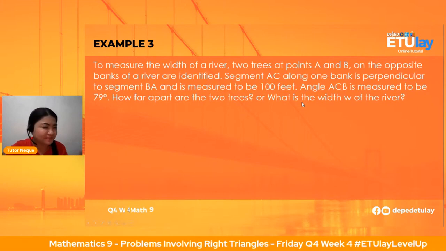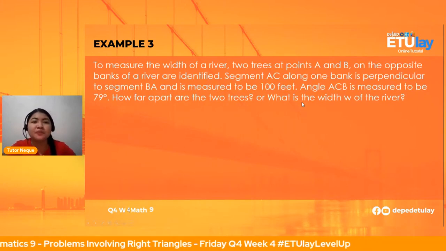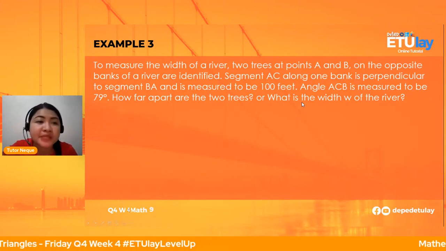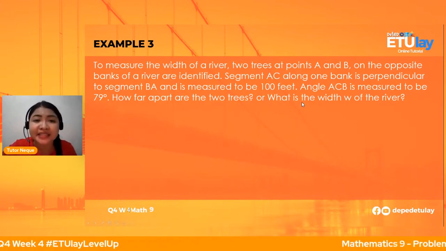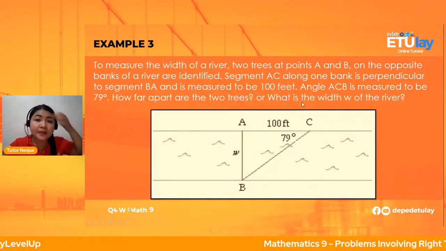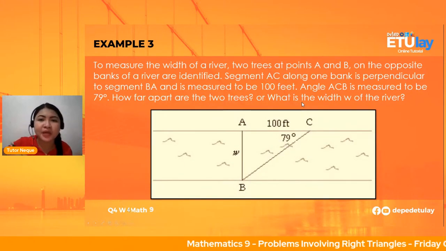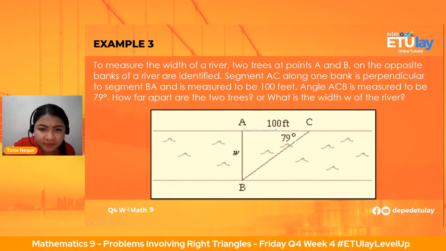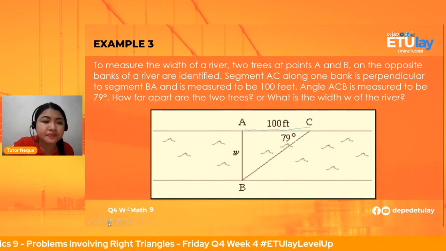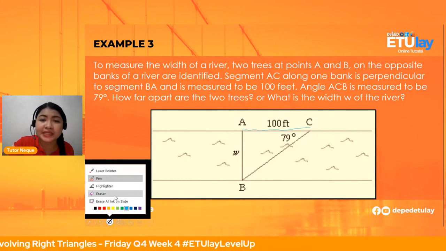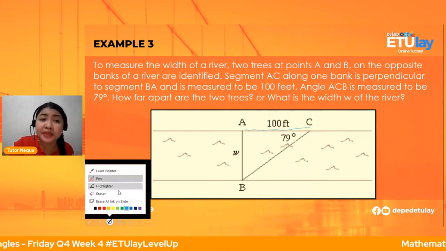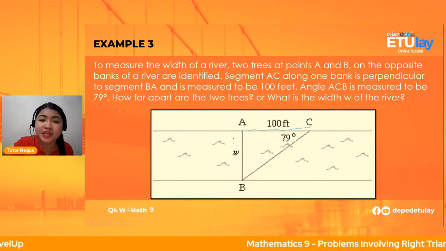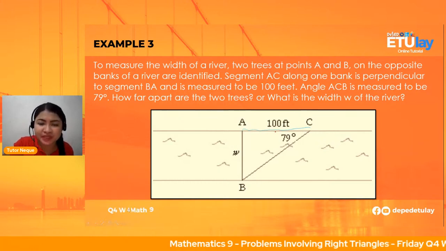Example number 3. Ayan. To measure the width of a river, two trees at points A and B on the opposite banks of a river are identified. Segment AC along one bank is perpendicular to segment BA. So, ito po yun ang ating segment AC. Segment AC along one bank is perpendicular to segment BA and is measured to be 100 feet.